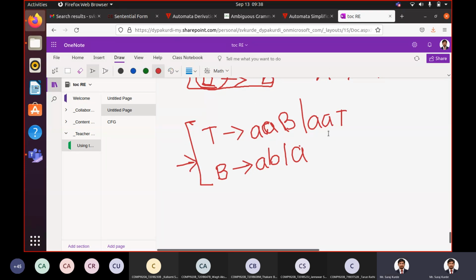And what is the simplification? Removing useless symbols. So we have removed A and we have removed C. Two useless symbols are removed.